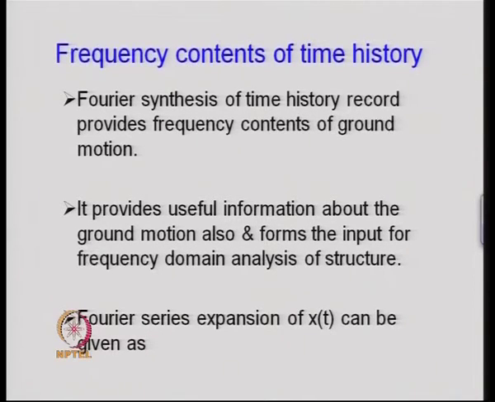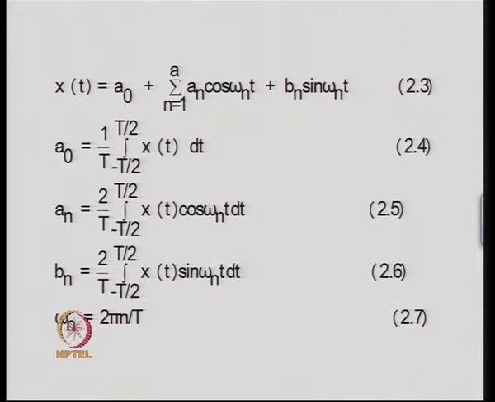Fourier series expansion of any arbitrary function of time t can be written in the form of equation 2.3, where A0 is a constant, defined later, plus the sum of the sine and cosine terms.